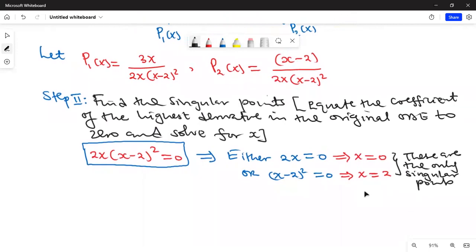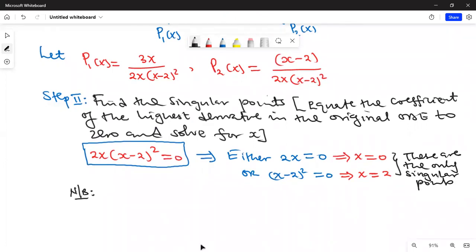And you see, those are real numbers, and we have so many other real numbers. Any other value of x different from 0 and 2 is called an ordinary point. So you can write a note. I want us to discuss ordinary points.